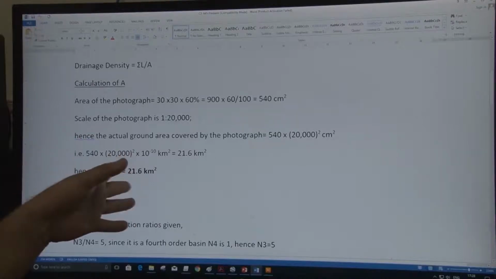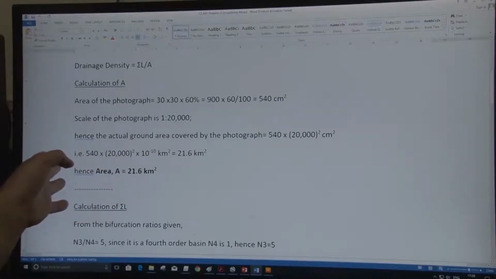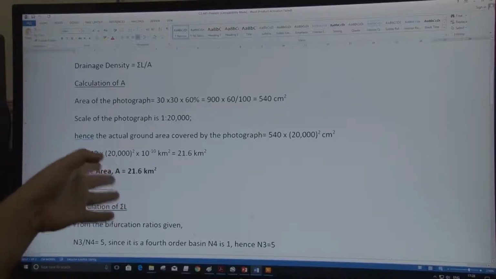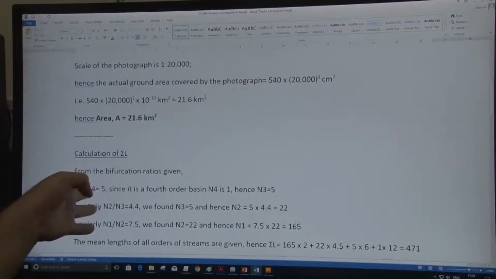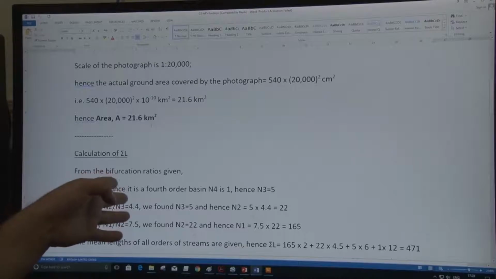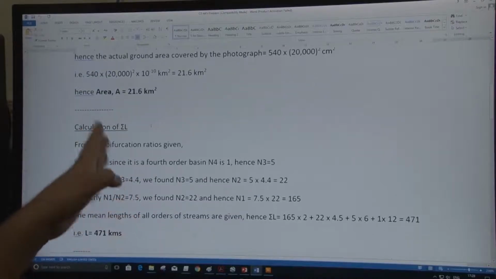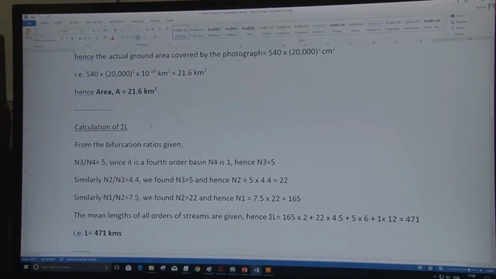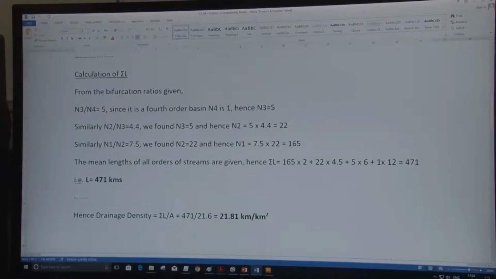Then the scale of the photograph is this, and the actual ground area covered by the photograph is this, hence the area is equal to 21.6 kilometer square. And suppose for the bifurcation ratio you are calculating the total number of streams in the third order, and the next higher order, the fourth order, is equal to 5.